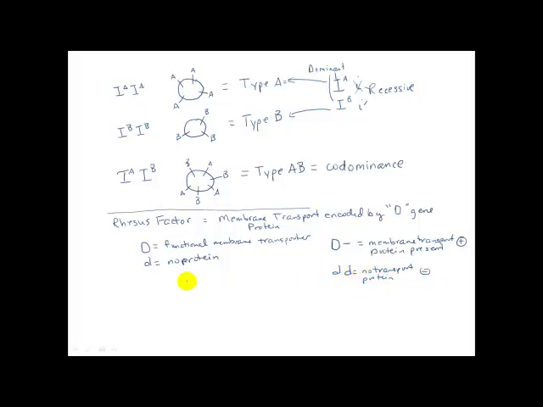So Rh positive and Rh negative is referring to your phenotypic expression at the D gene, where Rh negative means you're not producing that membrane transport protein. It's not present on your red blood cells or other cells in your body. And if you're homozygous or heterozygous for having even one of a functional allele at this gene, then you will express that and you will be Rh positive.